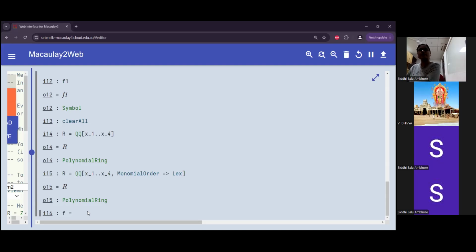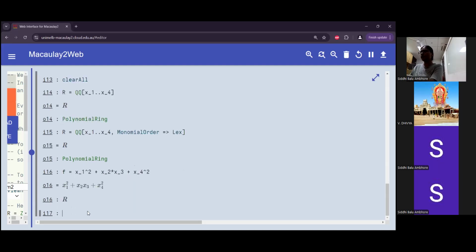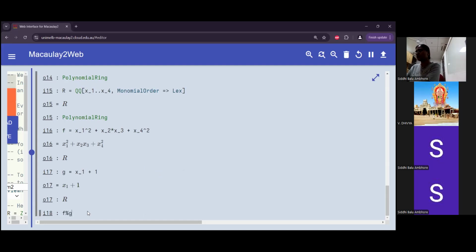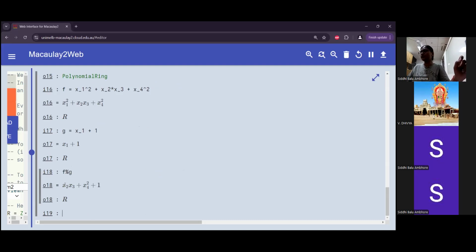Let us define f to be x1 square plus x2 x3 plus x4 square. This is the polynomial f and my g is just x1 plus 1. And when I do f%g, this is the symbol to find the remainder of f when divided by g. And this is exactly the polynomial which we got.